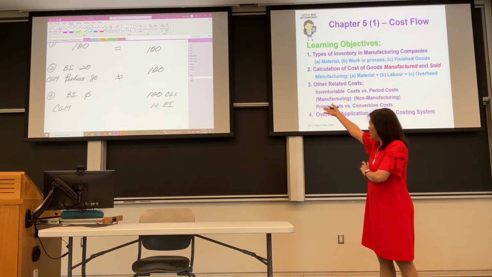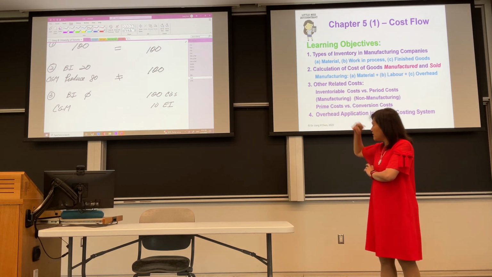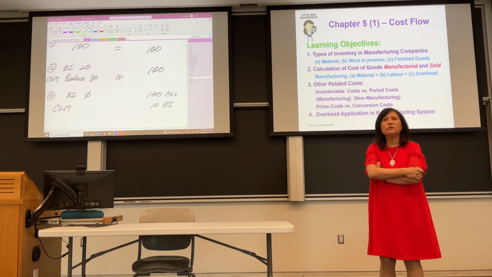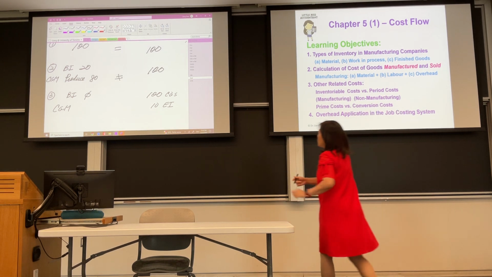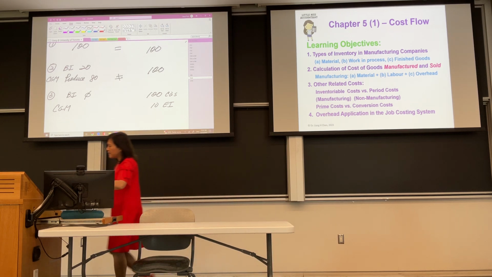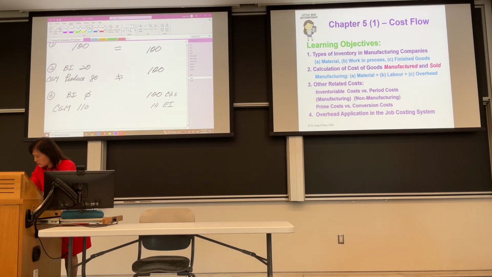I want to sell 100, I want to have 10 left over. I don't have anything to start with. How many do I need to make? 110. So 110 cost of goods manufactured and cost of goods sold, not the same. This one and this one, not the same.